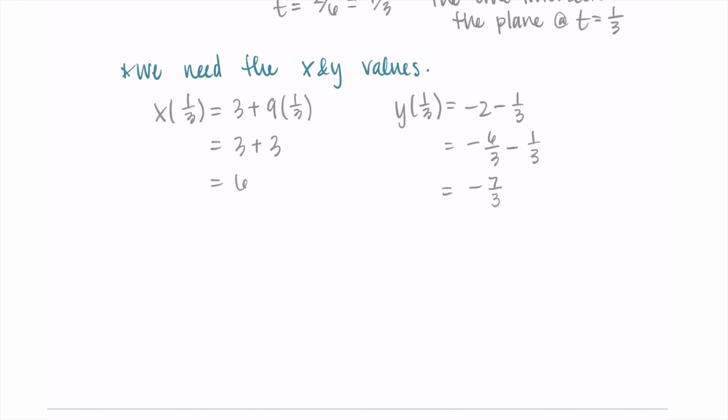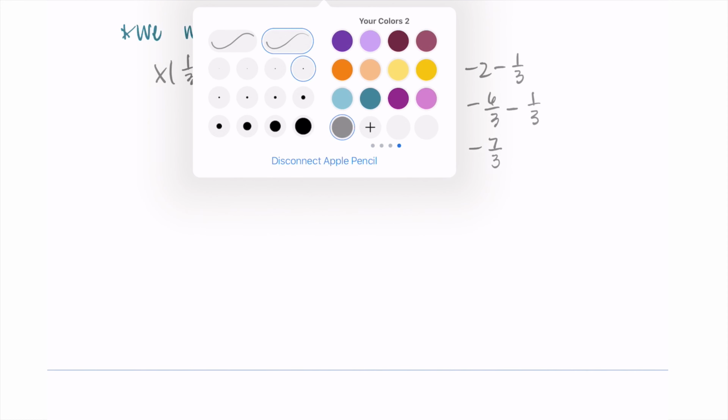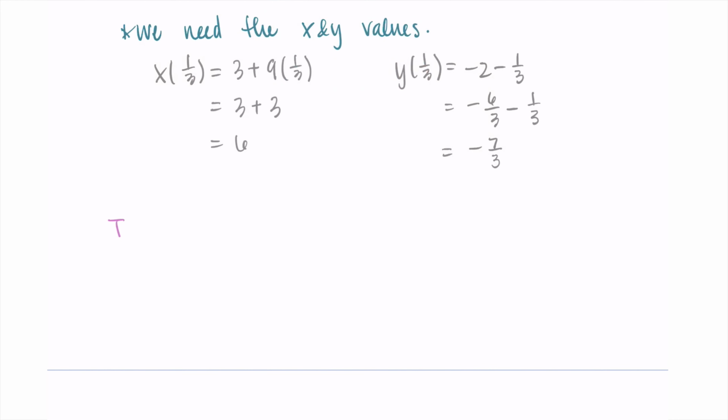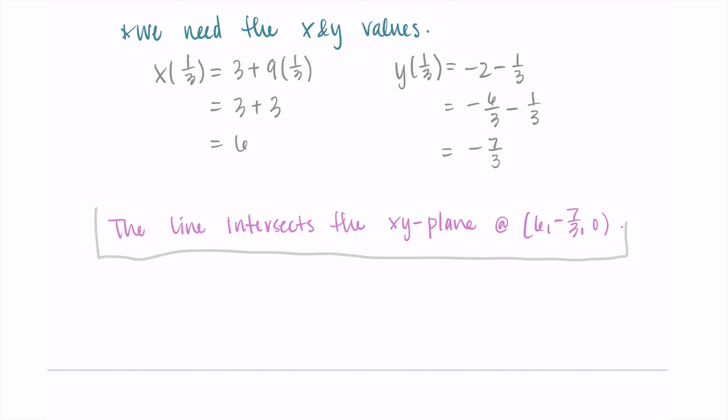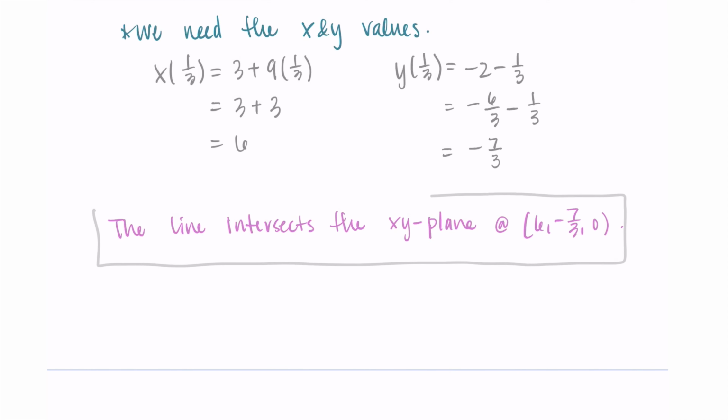So from this, I have an x, y, and a z, and so I can conclude that the line intersects the xy plane at the point 6, -7/3, 0. And there we go. That's our solution.